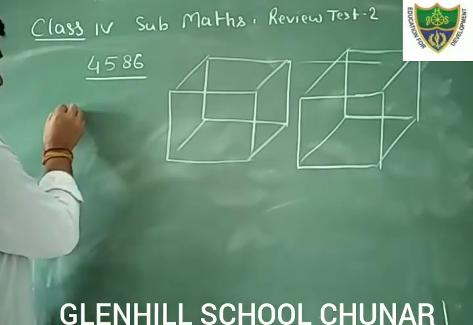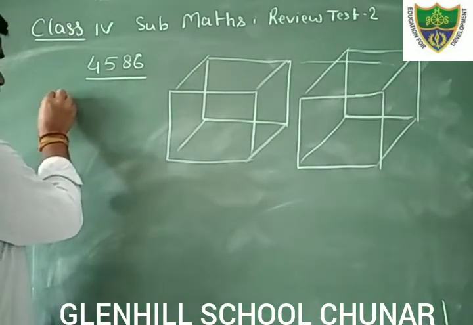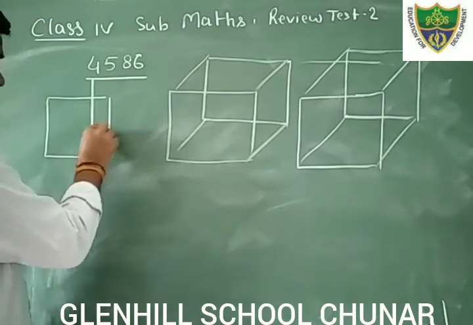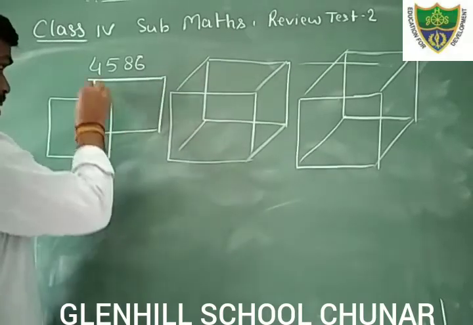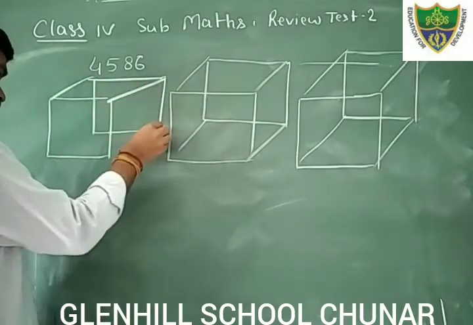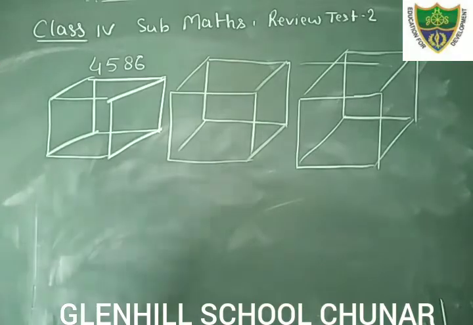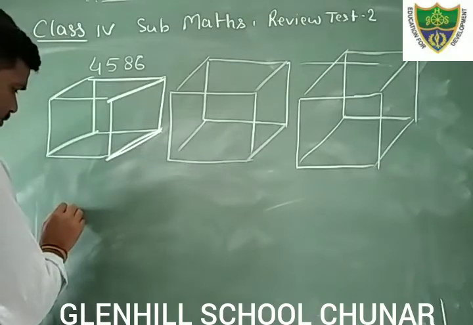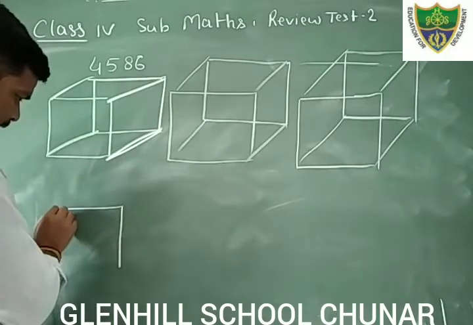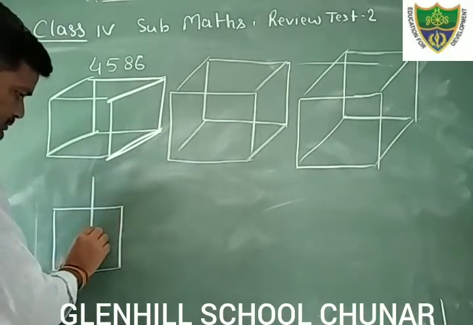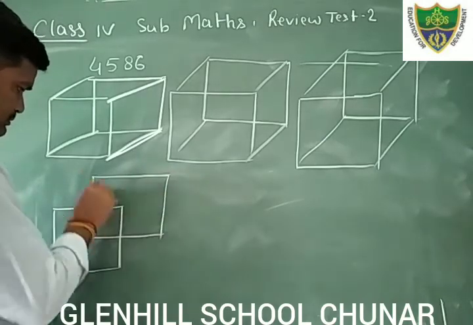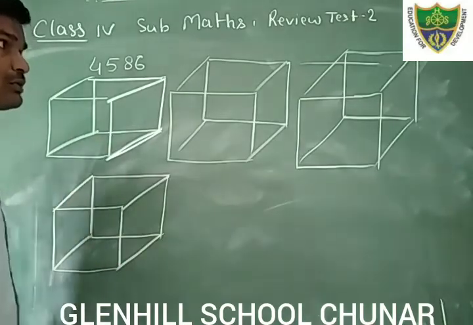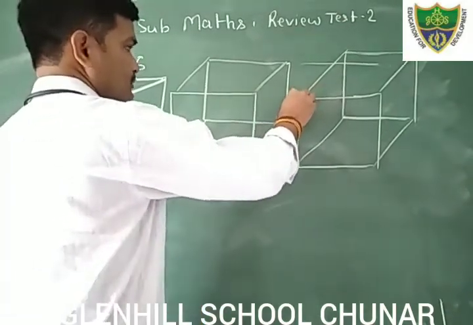One, two, you can make one more here. Three, and one more. This is 4000.